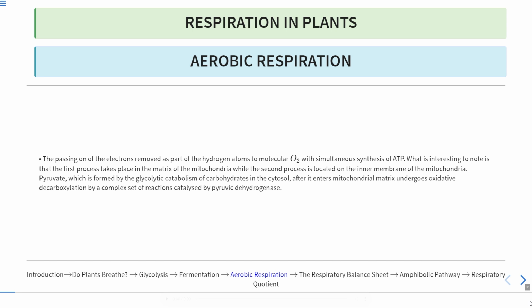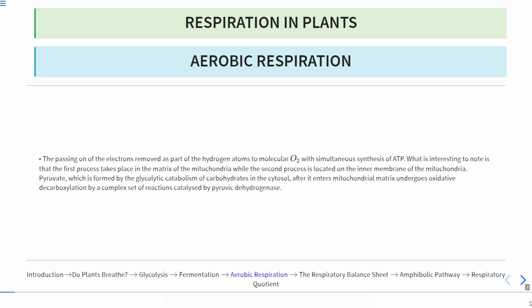So the hydrogen atoms reach the molecular O2 and there is a synthesis of ATP. What is interesting to note is that the first process takes place in the matrix of the mitochondria, while the second process is located on the inner mitochondrial membrane.